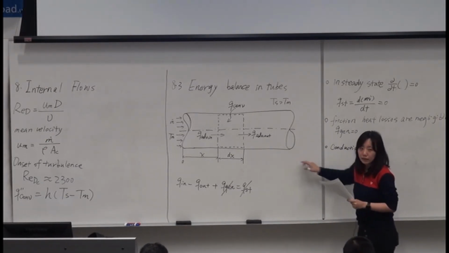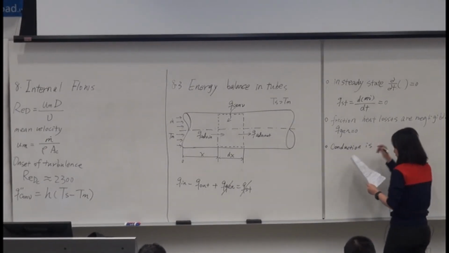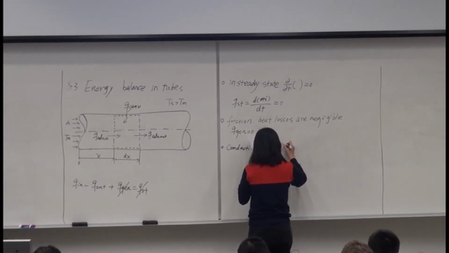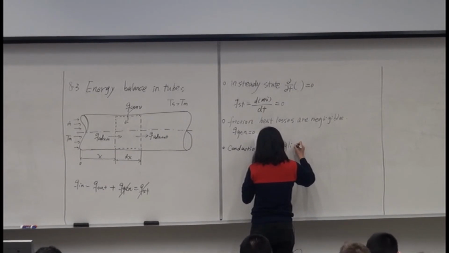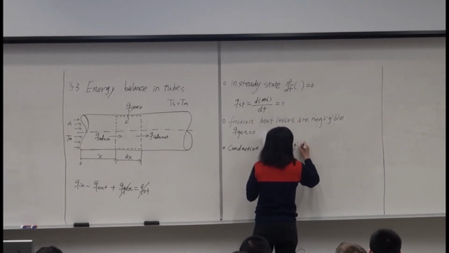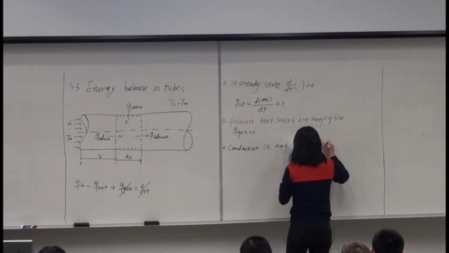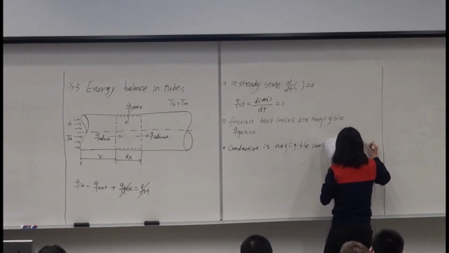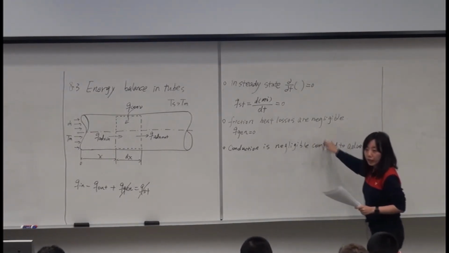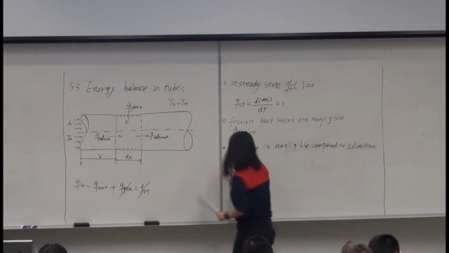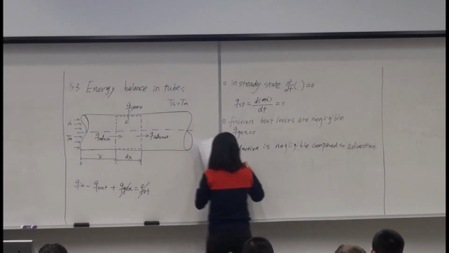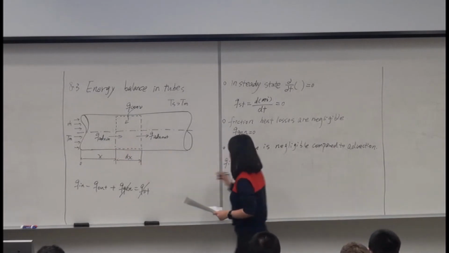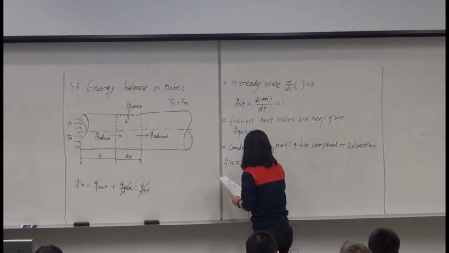Conduction in the direction of the tube length is negligible compared to advection. With all those three assumptions, our Q in is just the heat transferred in by advection.